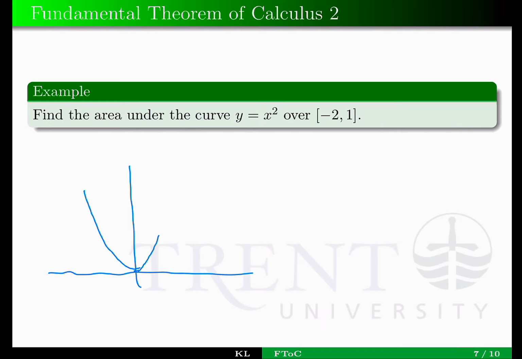And since we're only considering the interval negative 2 to 1, then we can chop the graph up to this point. So this is negative 2, this is positive 1. Area under the curve, like what I've mentioned before, means it's actually the region between the curve and the x-axis, which is the region that we are interested in.